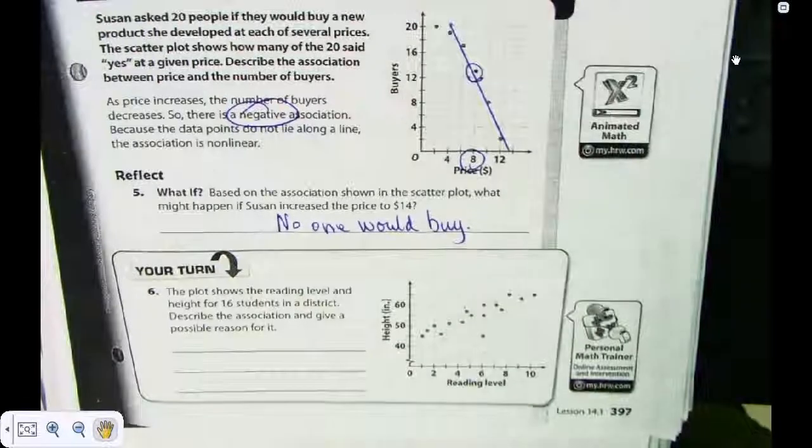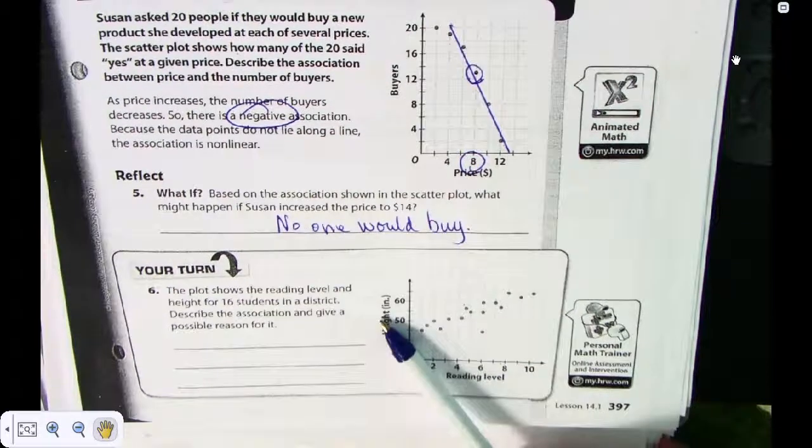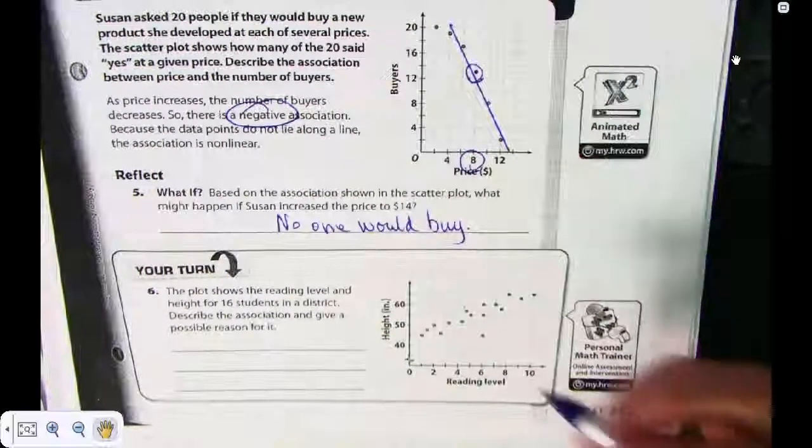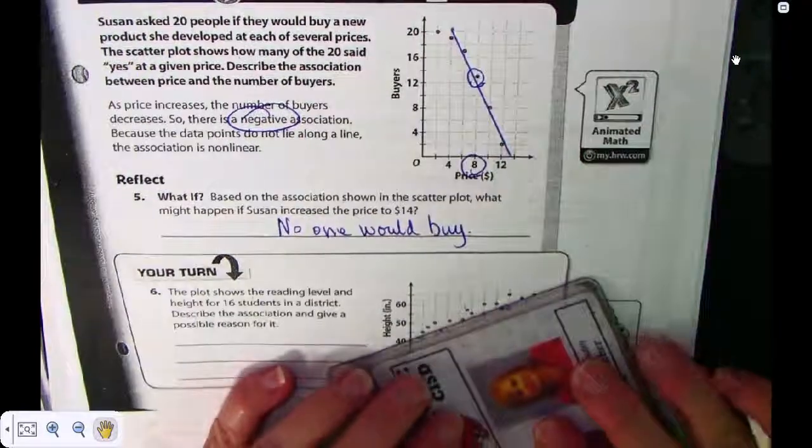Okay, look at number 6. When I first read this, I thought, oh, your height has nothing to do with your reading level. They're comparing the reading level and your height. But look, here's an outlier, but what do you see about the other information?